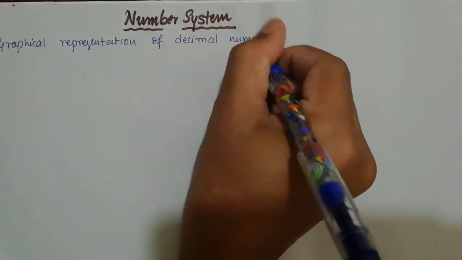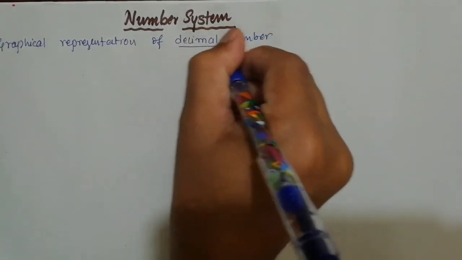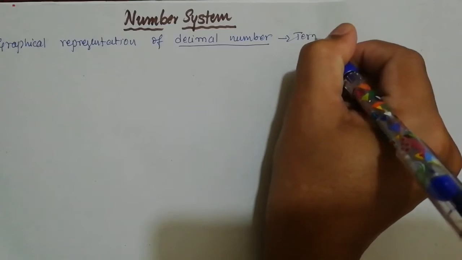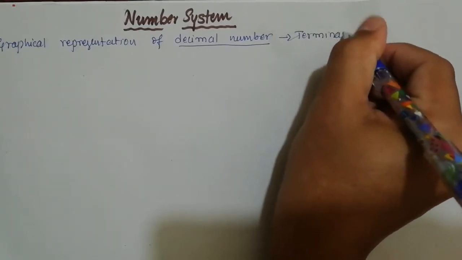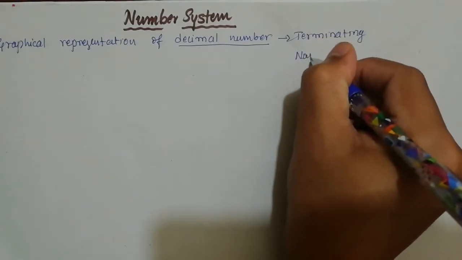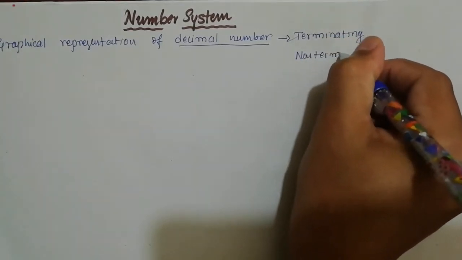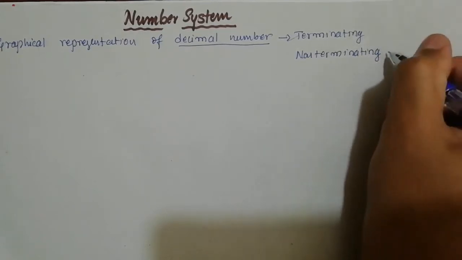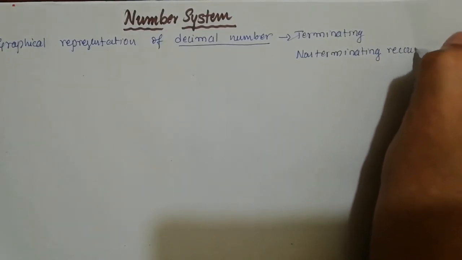Most probably the number has a decimal expansion that is either terminating, or non-terminating but recurring.